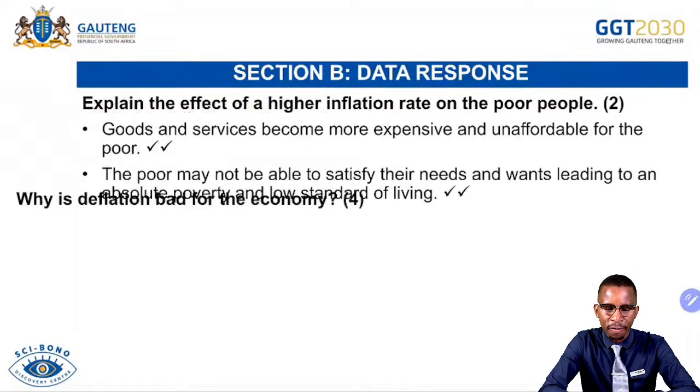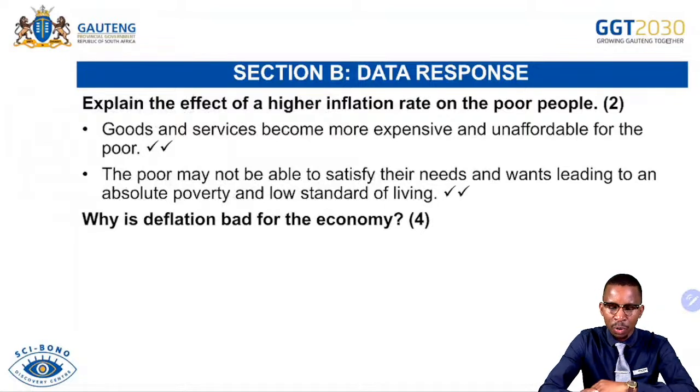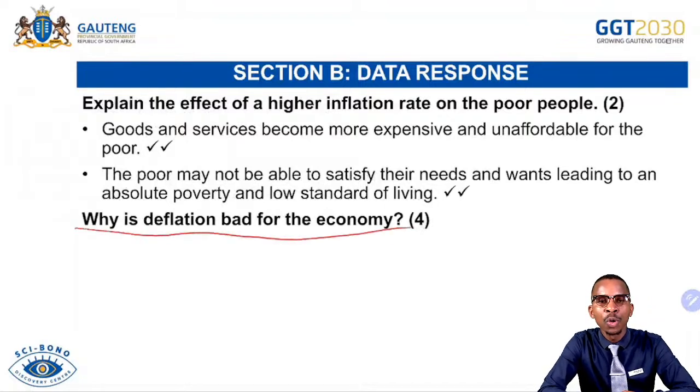Why is deflation bad for the economy? Remember, deflation refers to a significant decrease in the general price level. So if we have deflation, inflation will be below 3%, for instance in South Africa. That is bad for producers. It is bad for the economy because producers are some of the role players in the economy. If goods are becoming too cheap, they are discouraged from producing.